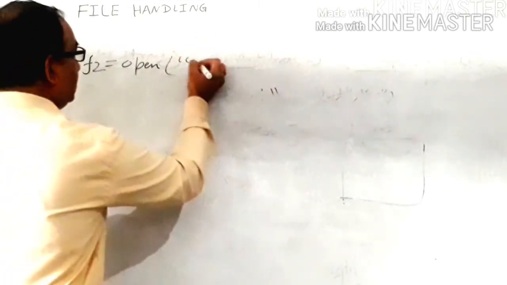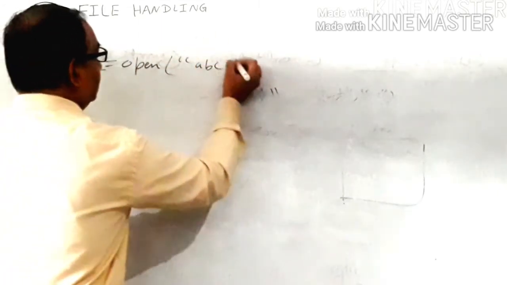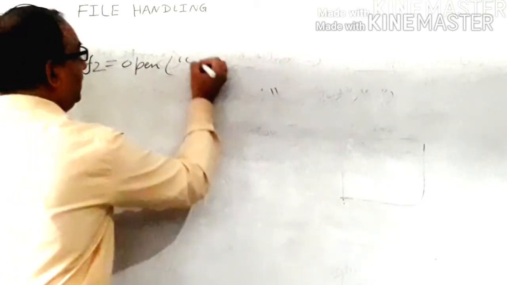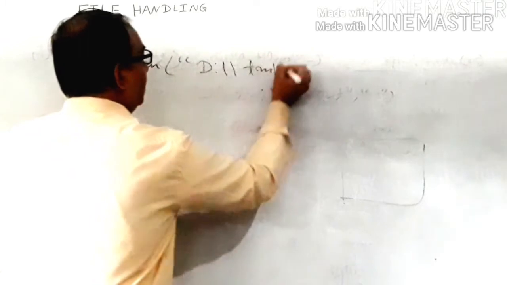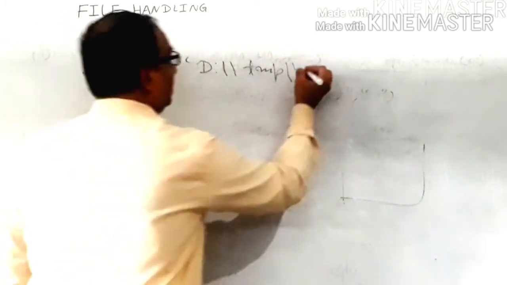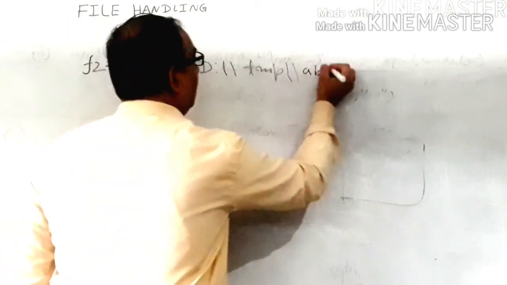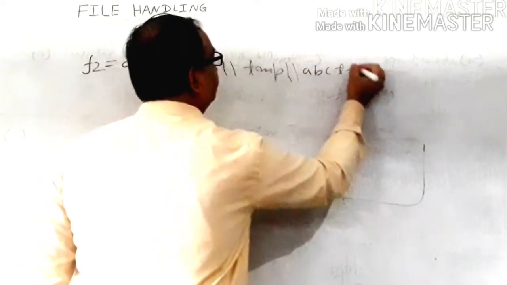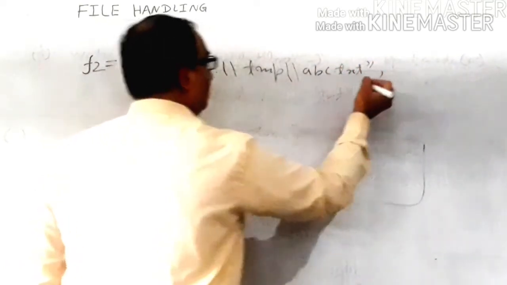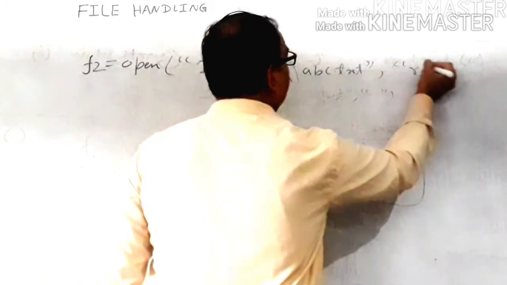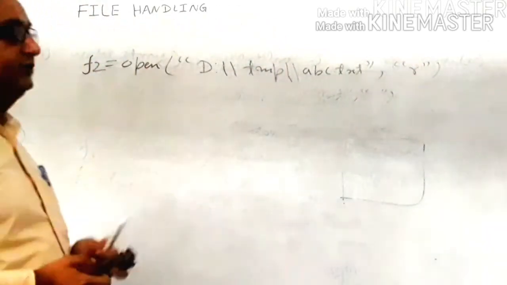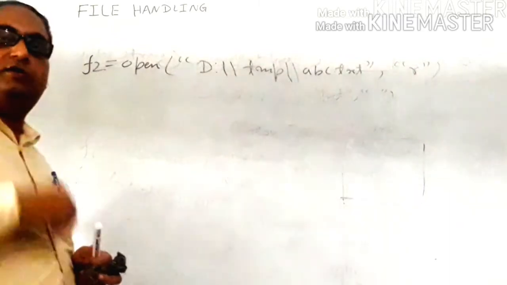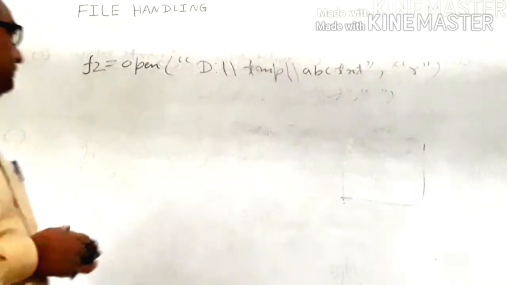The first file name is abc.txt with the full path, d://tmt/, and here we use the file name abc.txt in double quotation marks, and then the read mode. Whatever content is written in the old file abc.txt, you can read the information with the help of programming also.